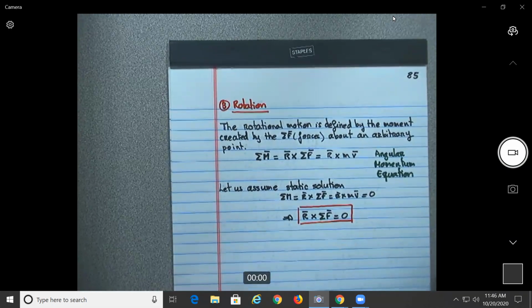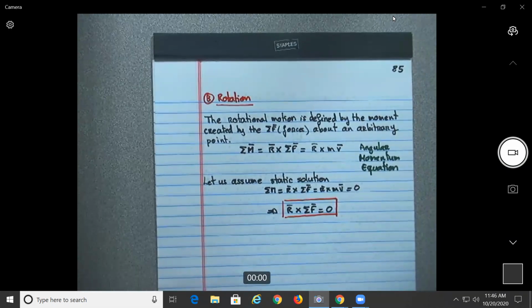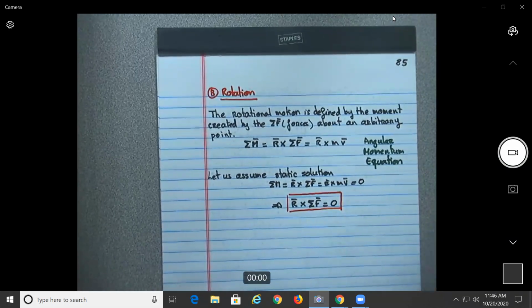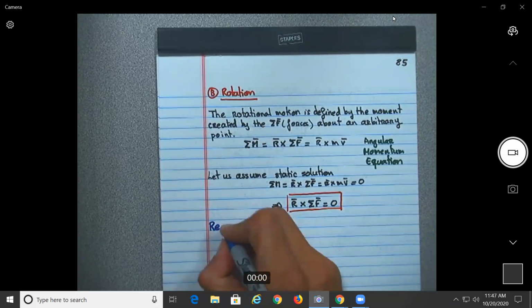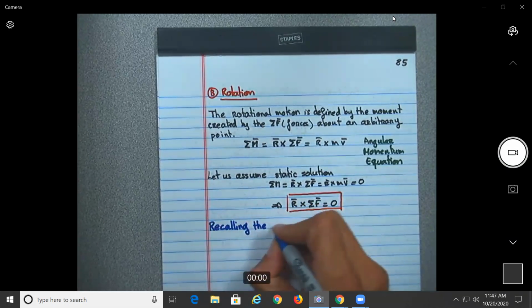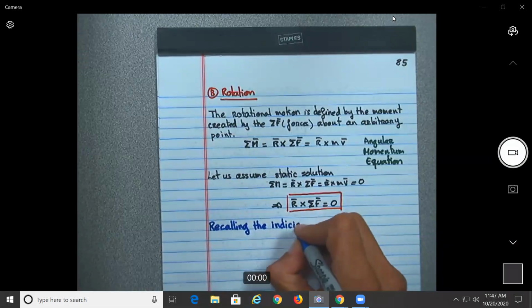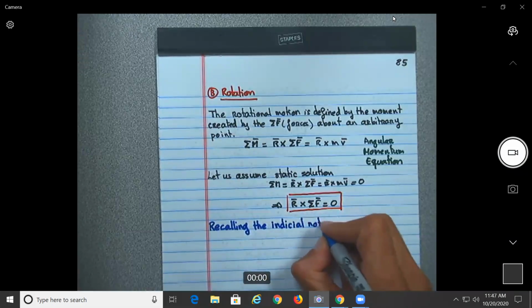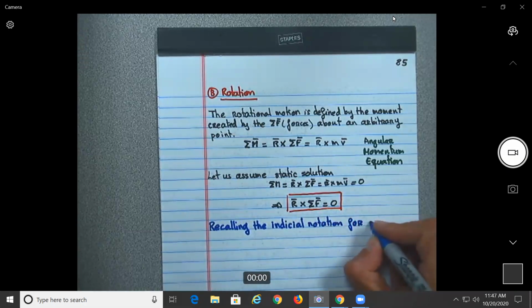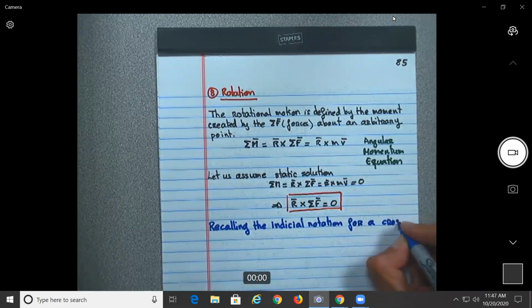All right, so now is when we're going to need our index notation. So, recalling the index notation for a cross product.